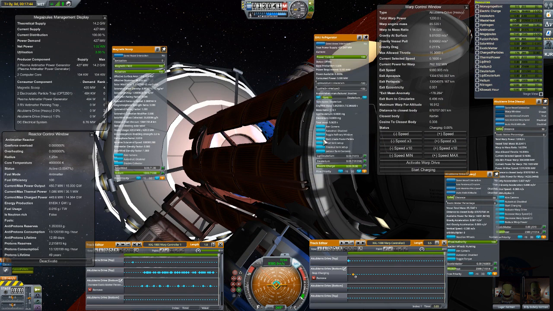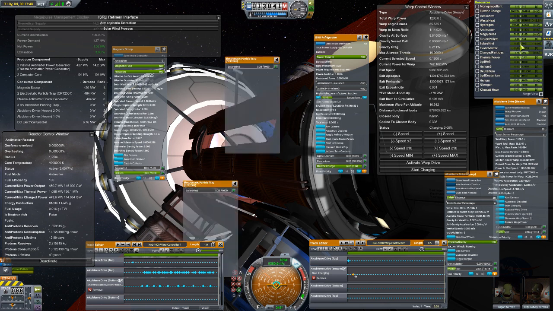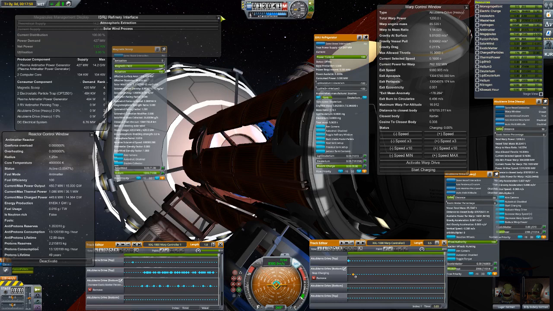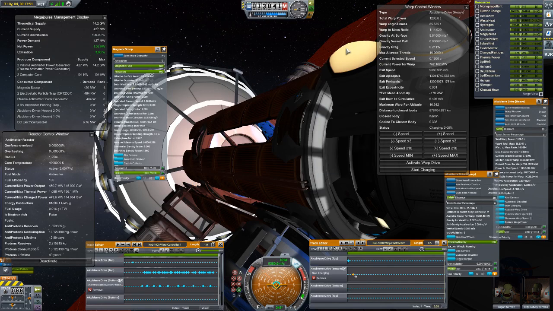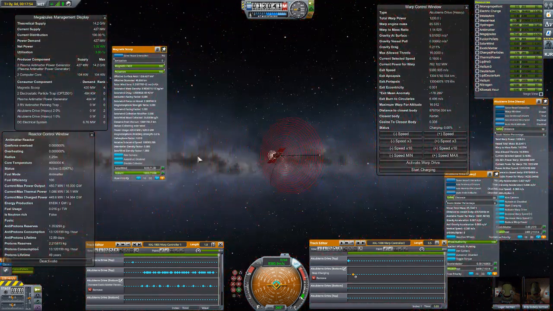And then you toggle the refinery window, and then you do the solar wind process. With the small amount that we have right now, less than 1 unit, we're not going to get much. So we're not even going to start that yet because it's not going to do anything. We won't even see what happens. But just to show you, 35 grams per hour.